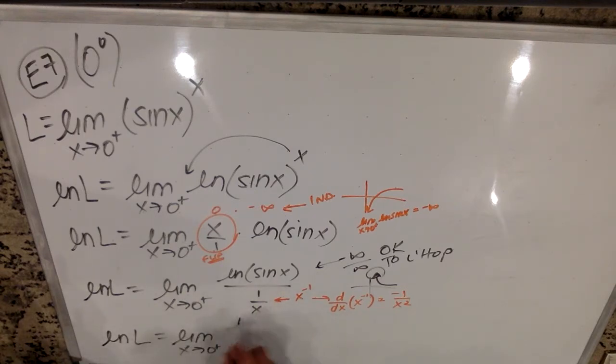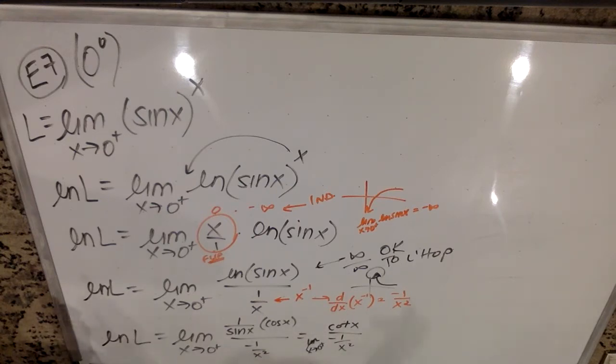When I differentiate, I get 1 over the stuff times the derivative of the stuff, and on the bottom I get this thing. So I end up getting cotangent of x over negative 1 over x squared, and there's still a limit as x approaches 0 from the right.